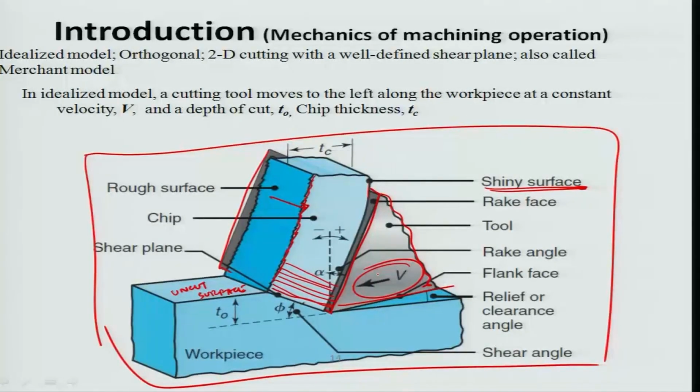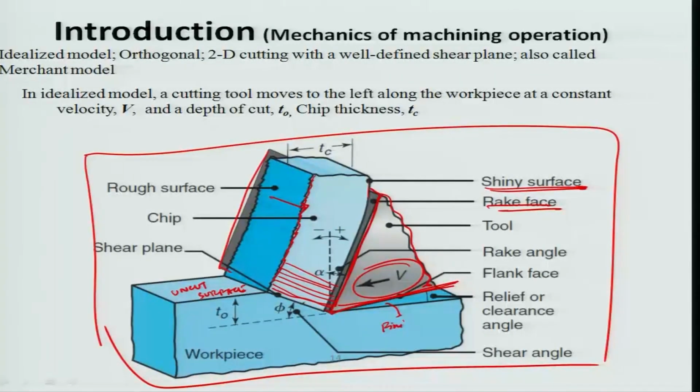The angle at which this chip comes off the surface is known as the rake angle, and the face of the tool which faces the chip is known as the rake face. The other side of the tool is overriding the finished surface, which you can see right here.